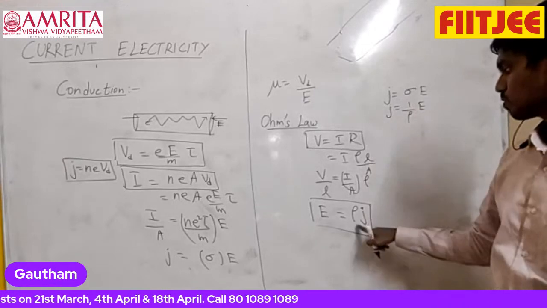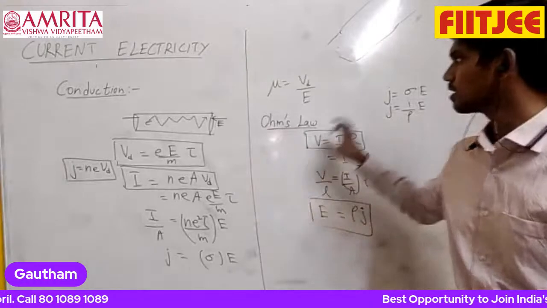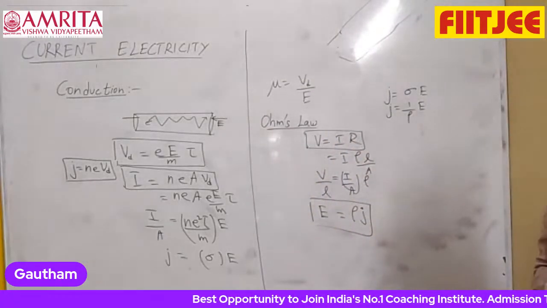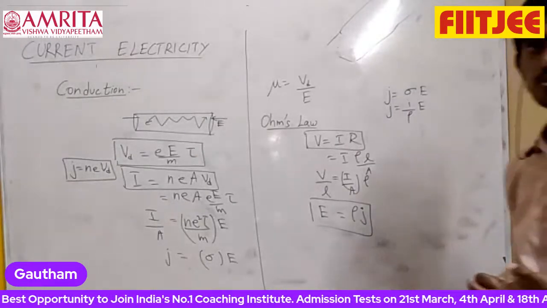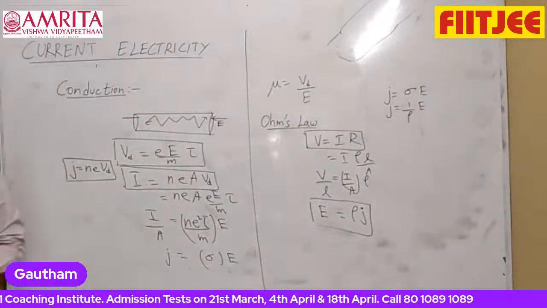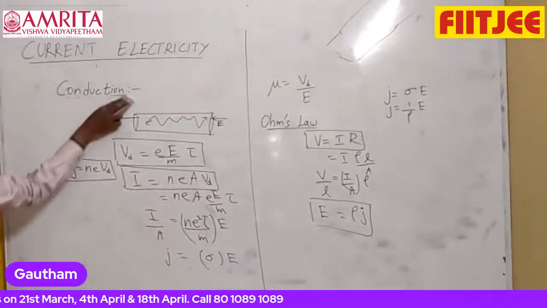So J into rho will be the electric field. These are the main set of formulas in the theory part that you have to be thorough with. You can get questions directly based on this set of formulas also. And then another one is the variation of resistivity with temperature for a conductor.